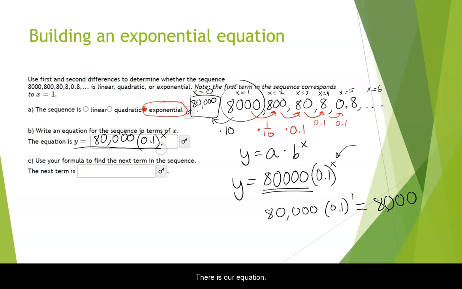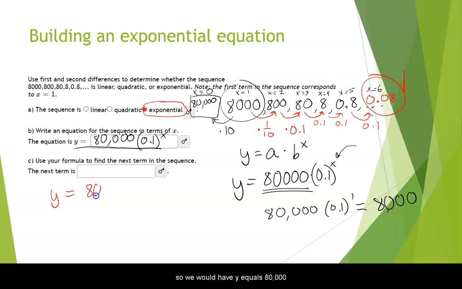There is our equation. Now we want to use this formula to find the next term in the sequence. We already know, or can easily figure out, what that next term is, because we can just multiply 0.8 times 0.1. Our next number should be 0.08. Let's test our formula and see if that works out. This is the sixth term that we're trying to find.